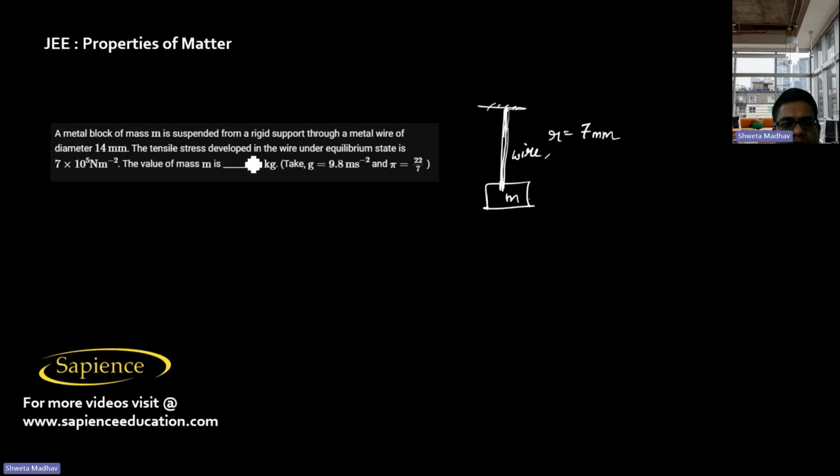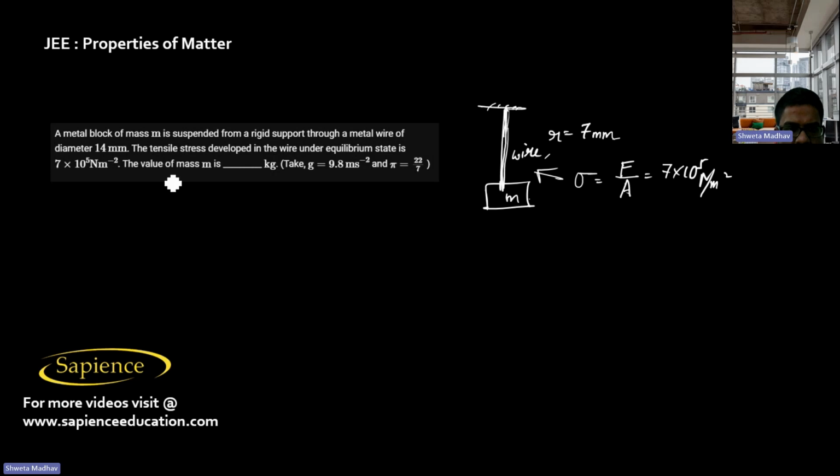The tensile stress developed in the wire under equilibrium state, the tensile stress which is sigma, which is force per unit area, is given as 7 into 10 power 5 Newton per meter square.